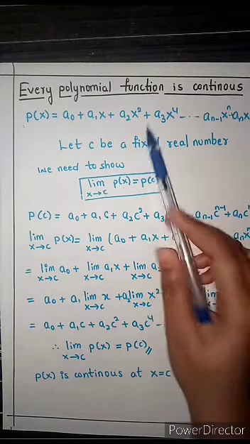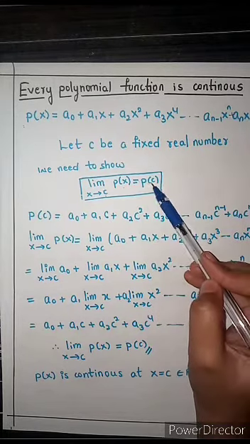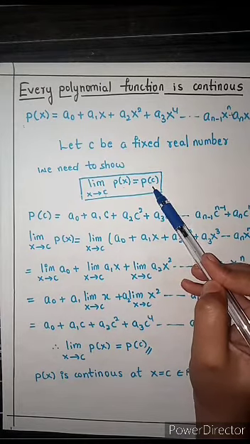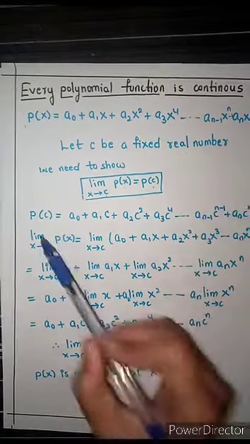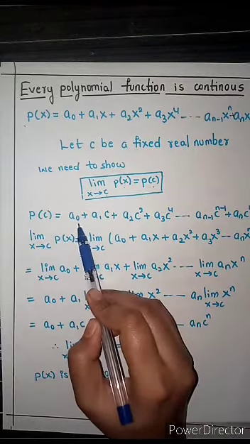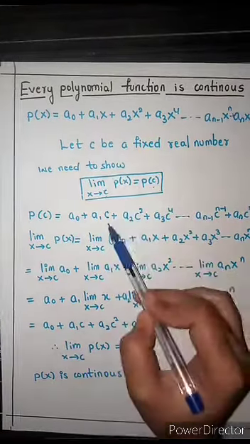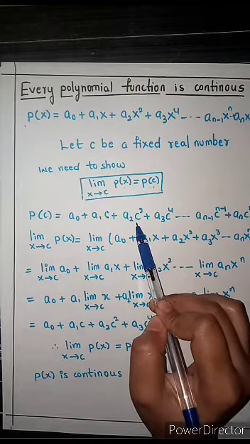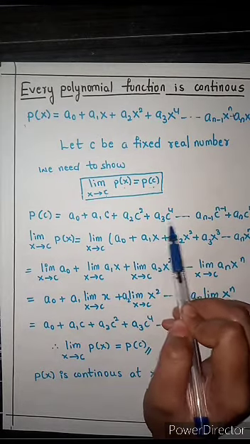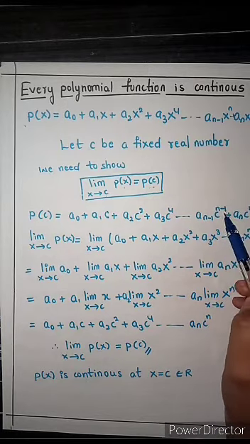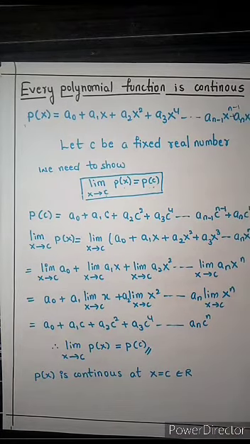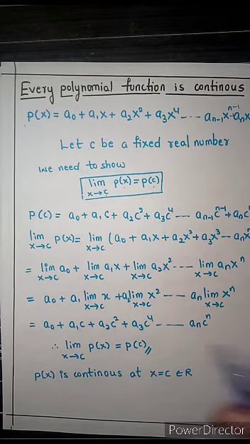Limit x tends to c, p of x should be equal to p of c. Now substitute c in the place of x. P of c is equal to a of 0 plus a1 c plus a2 c square plus a3 c power 4 and so on up to a n minus 1 c power n minus 1 and plus a n c power n.